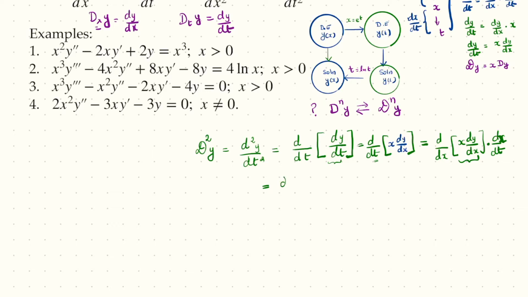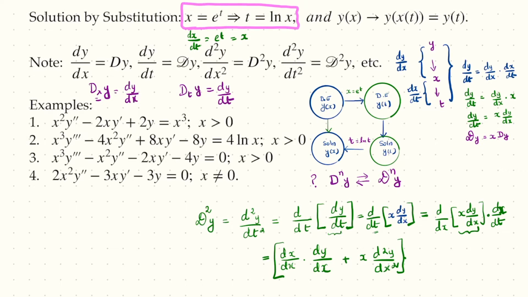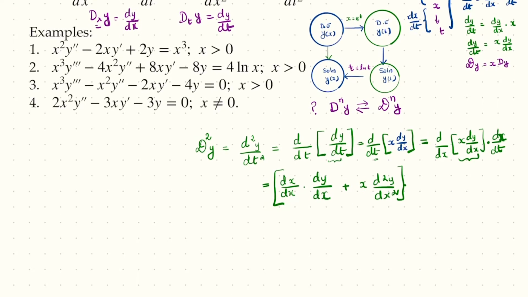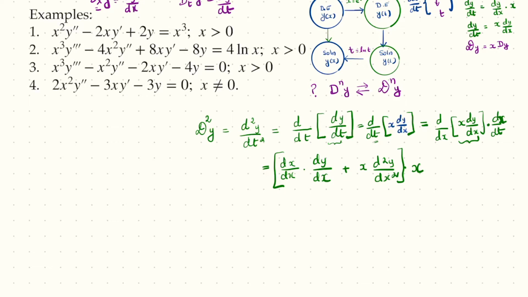So it's going to be dx over dx times dy over dx, plus x times d squared y over dx squared, times dx over dt. But we already know what dx over dt is. The dx over dt is equal to x. So I'm going to simply say this is times x right here.